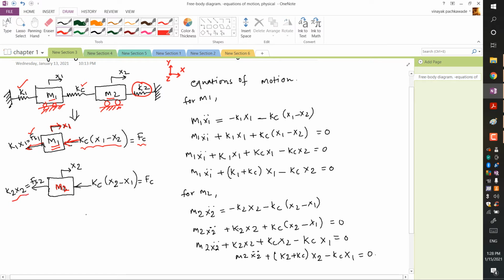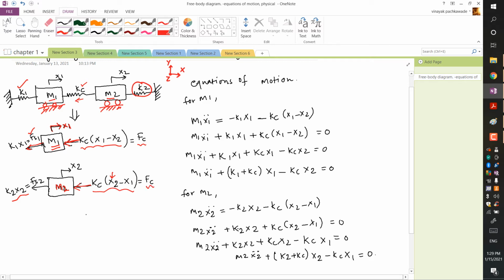At the same time, this kc, which is between the two bodies, when m2 is trying to move towards the right, this force will try to pull it back again. The magnitude of this force is given by kc times x2 minus kc times x1. As we've seen before, x2 comes before x1, so this is a relative movement. So these two forces are there.